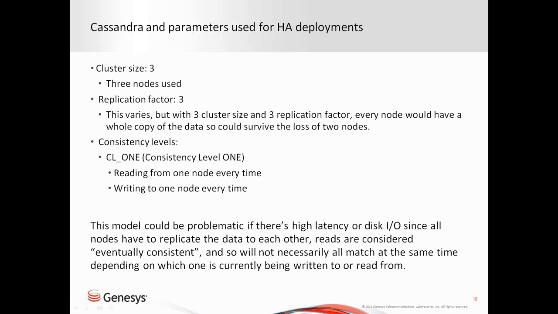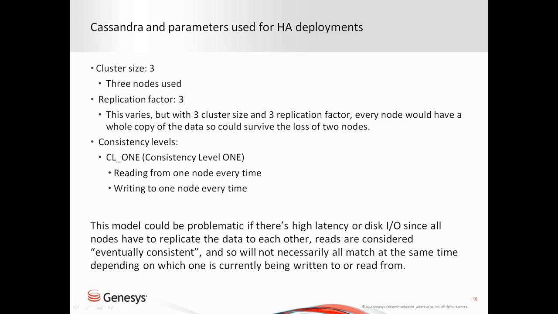So one possible deployment option is for high availability, and usually that comprises a cluster size of 3 nodes with a replication factor of 3. So what this means is that your reads are known as eventually consistent. Means that for this particular read-write level, all nodes will see the same data.